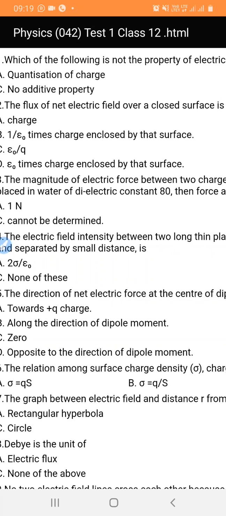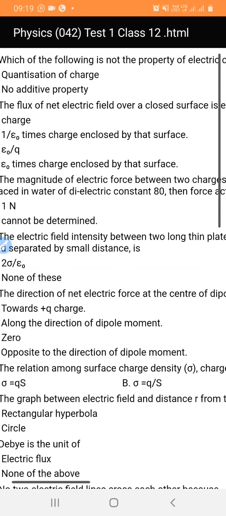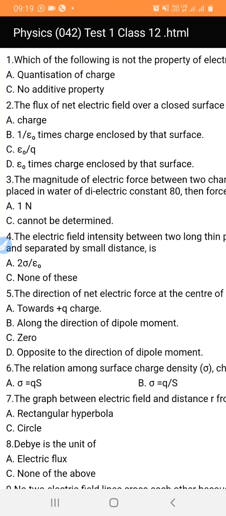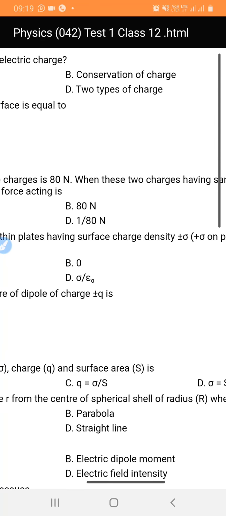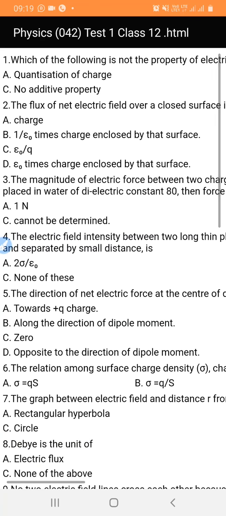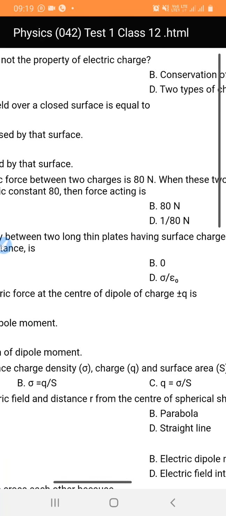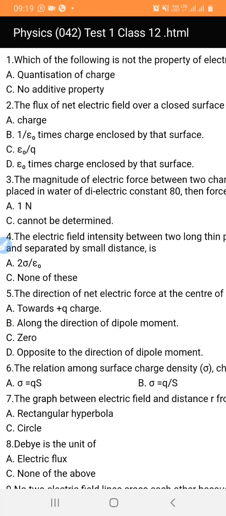If these two charges with the same separation are placed in water of dielectric constant 80, you know the formula F dash is equal to F upon K. Here K is the dielectric constant. So the new force will be 80 upon 80, that is 1 Newton. For B it is written 80 Newton, for C cannot be determined, for D 1 upon 80 Newton.